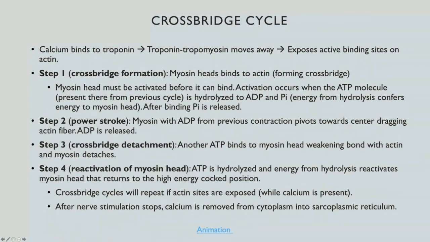Now we have to produce another contraction. Step 4 is the reactivation of the myosin head. The ATP that bound to weaken the bond is now hydrolyzed into ADP and inorganic phosphate. This reactivates the myosin head, which returns to the cocked position, a high energy position with lots of potential energy.